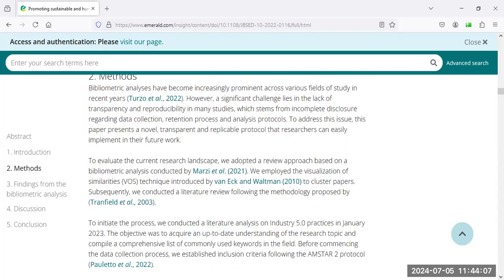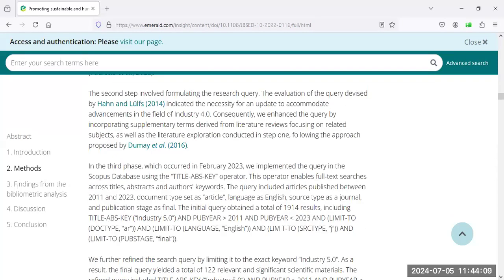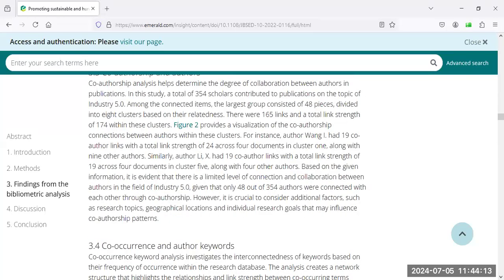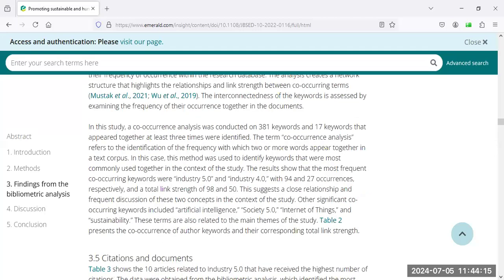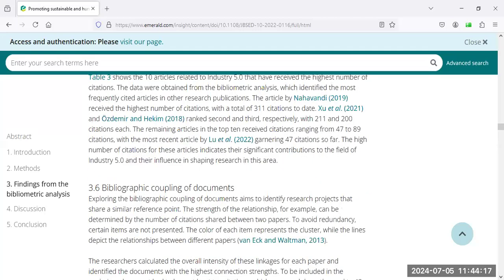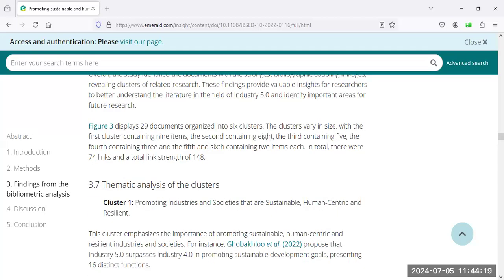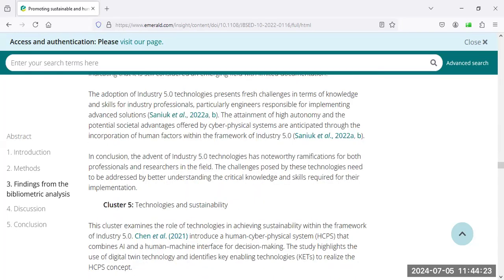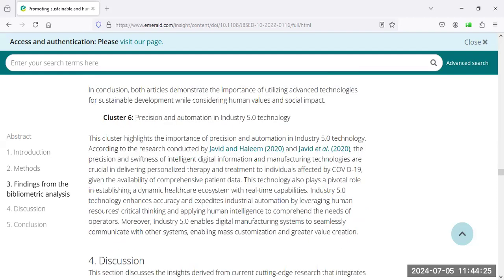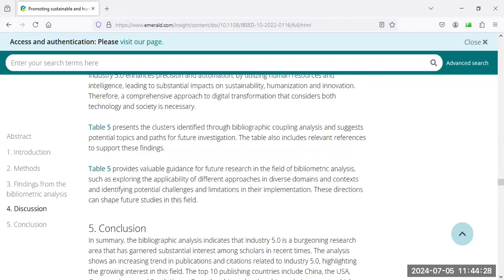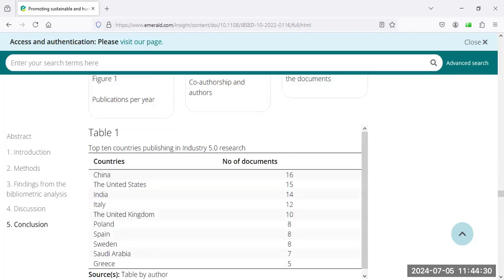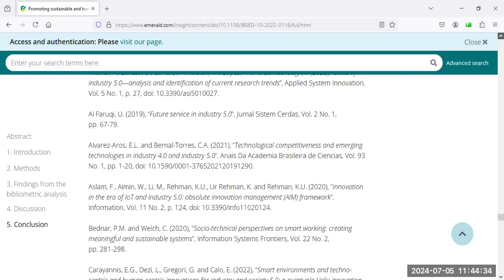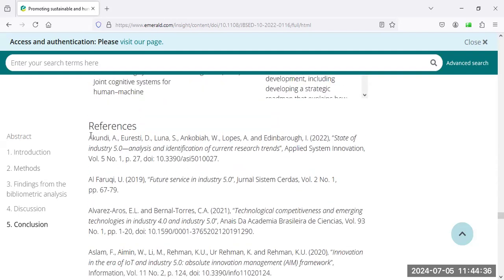Okay. Methods, and I will show you the end of the work. Findings also. Now I am talking about the citations, right? So you see, this is the end of the work, the reference list, right?